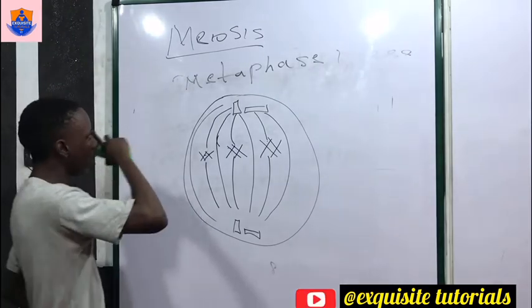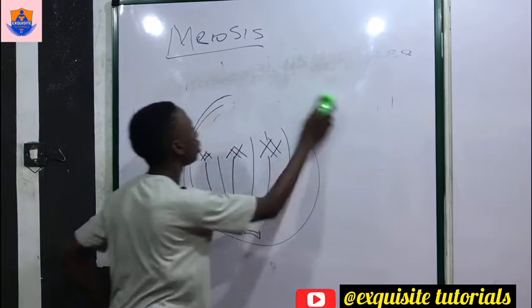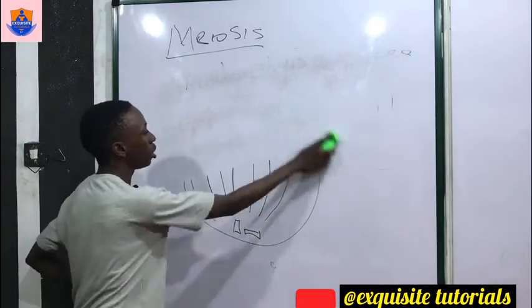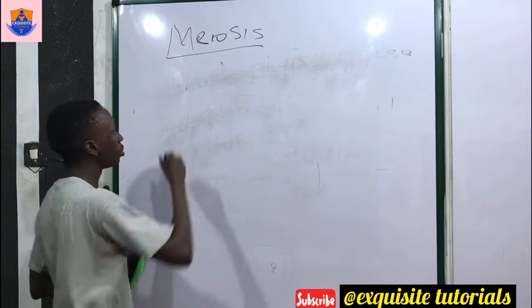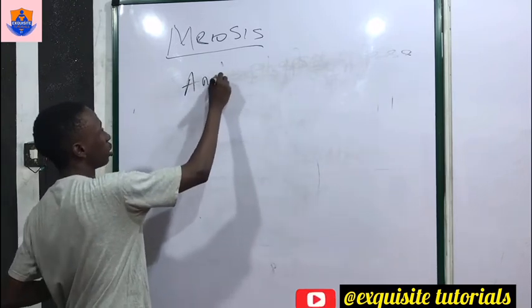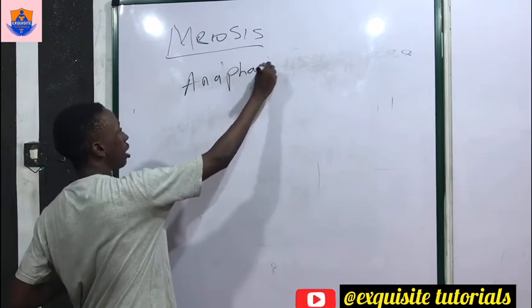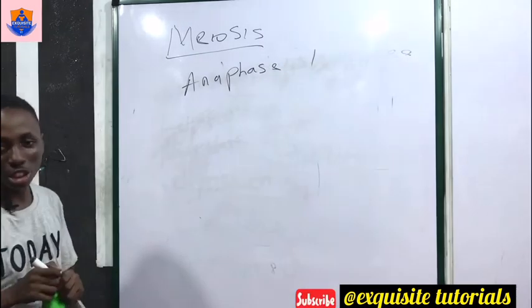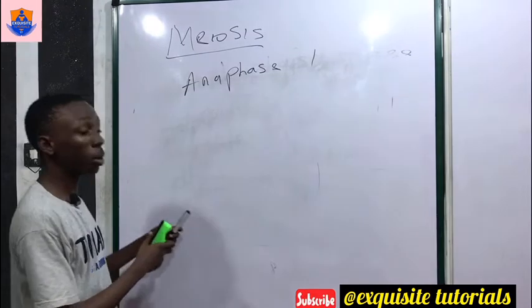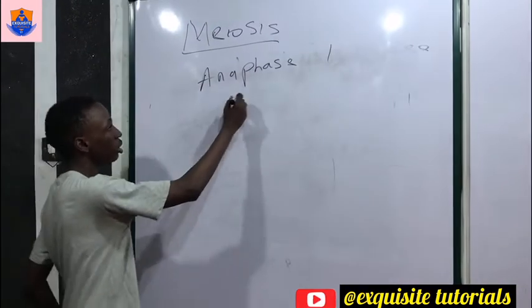Now, at the anaphase 1 stage of meiosis, the bivalent separates and each chromosome moves towards each pole of the cell. Now let's say we have a cell.